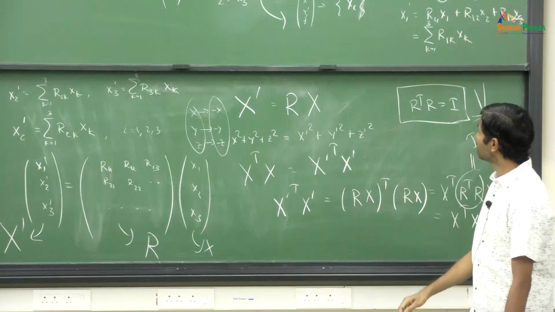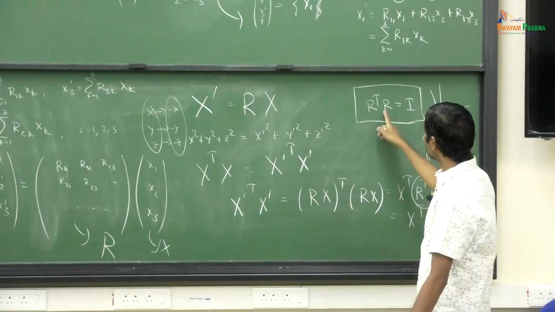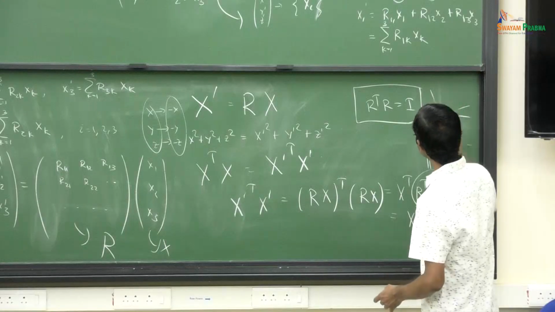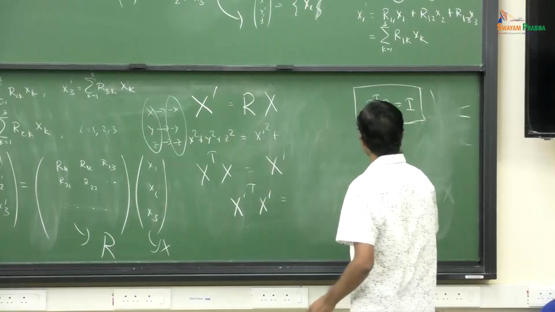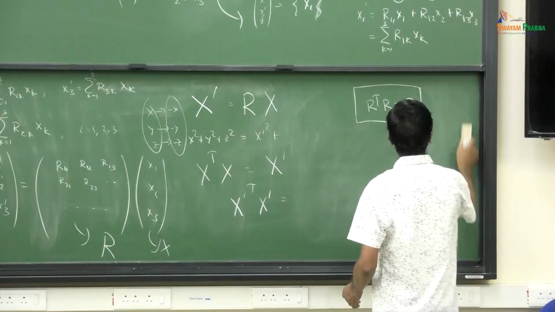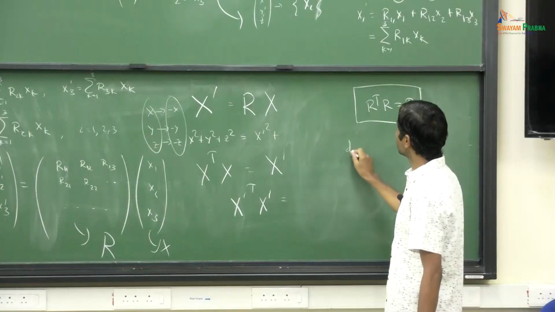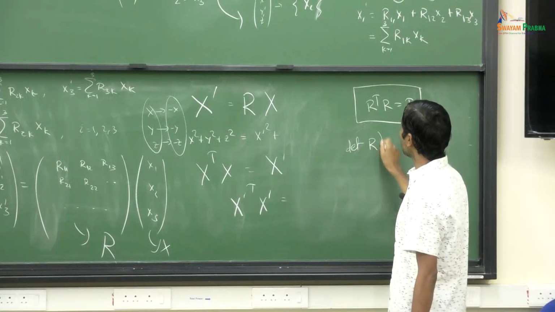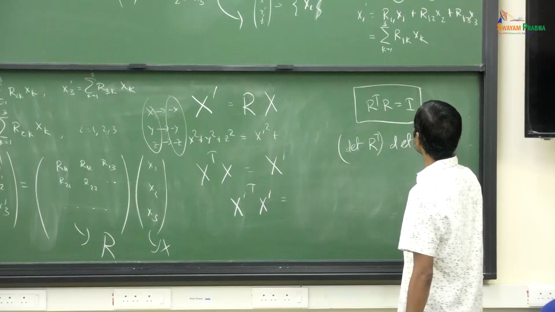And from this relation, you can see there are two possibilities here. If you just take the determinant of this matrix, determinant of R transpose times determinant of R is just 1.